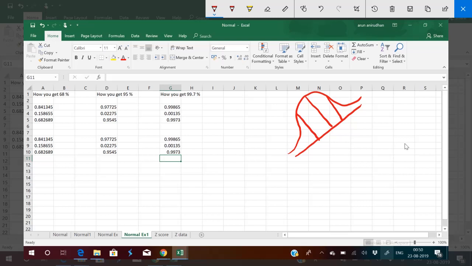So I told you it is 68%. How we got the 68%? Suppose our distribution is represented by 60, 10. Okay, how we are going to get that? Let us see that. Okay, so here what formula you will use first?